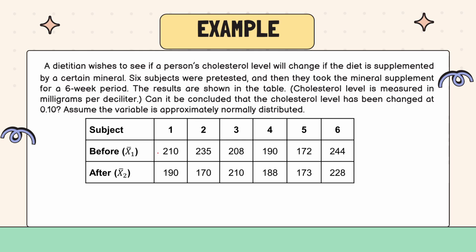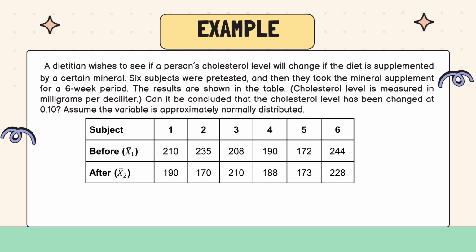So we have here subjects 1 to 6. Before: 210, 235, 208, 190, 172, and 244. After: 190, 170, 210, 188, 170, and 228. So these are the data for this problem.